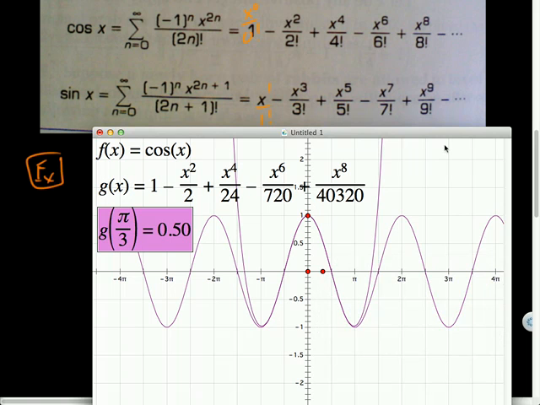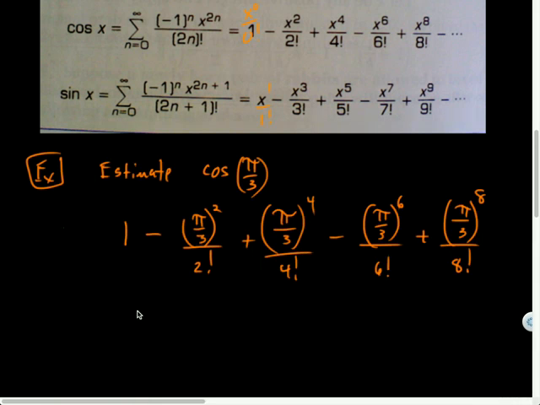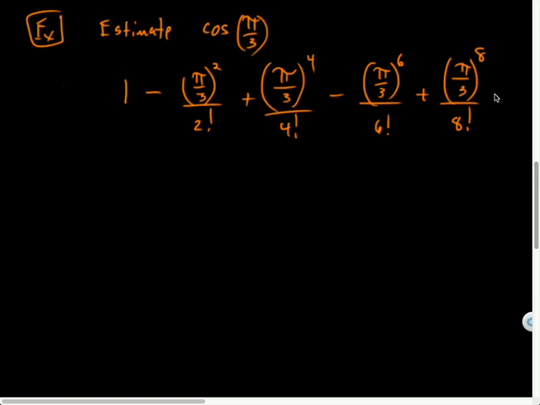Maybe it would be interesting to see each term's value for this. Because cosine at 60 degrees, if I do the hand trick, is going to be 0.5. So let's see, 1 minus, pi over 3. I'm going to store that as a value, alpha a. So I'll square that and divide by 2.